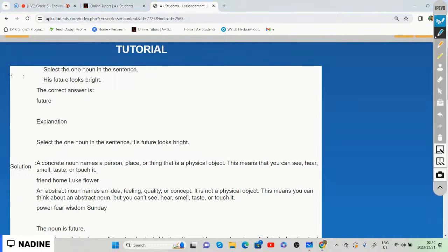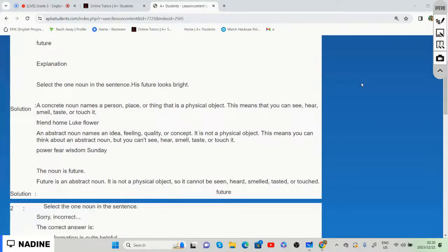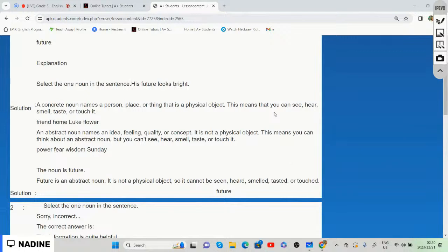All right, so if we select the one noun within the sentence, we can select the abstract noun, which is future. So future is our abstract noun. And here it says that future is an abstract noun. And remember, an abstract noun is something that you cannot see.